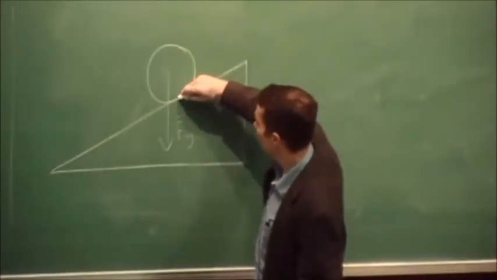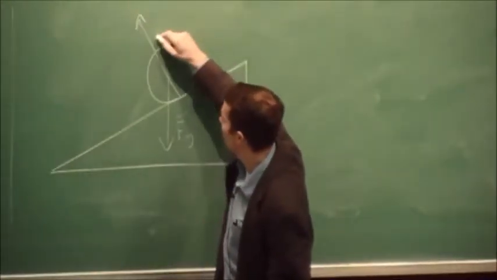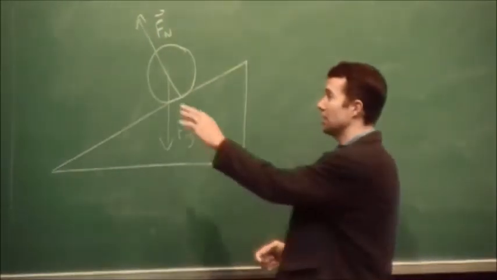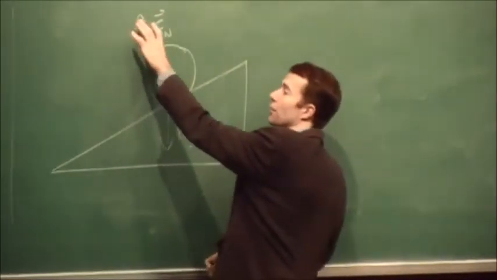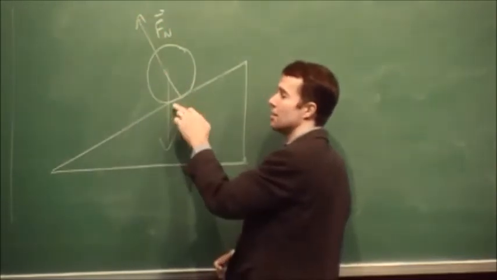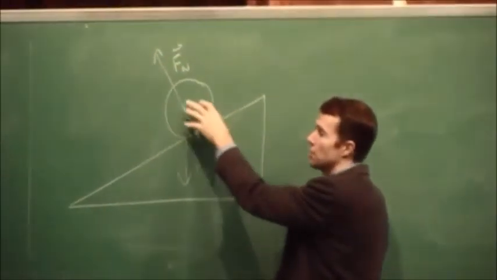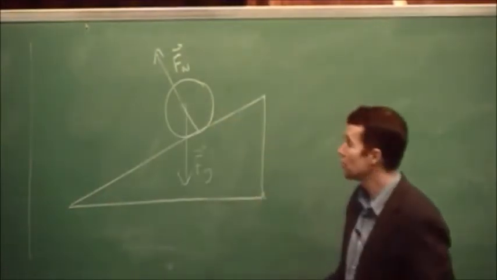We take that from the contact point. However, in the book, for example, they take it from the contact point and move it up to the center, but the normal force is the interaction of the surface with the thing that's rolling.